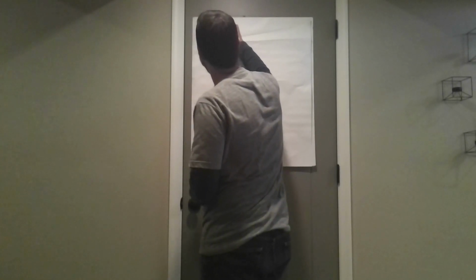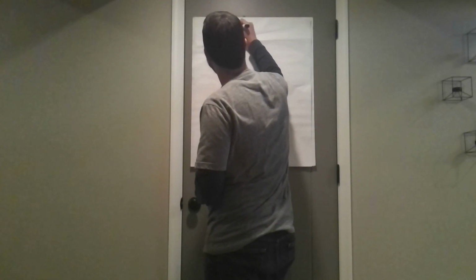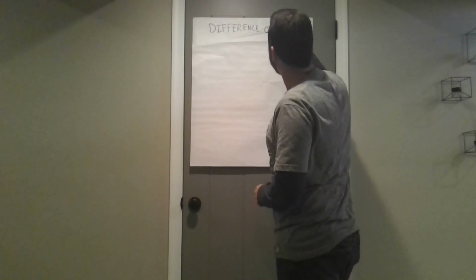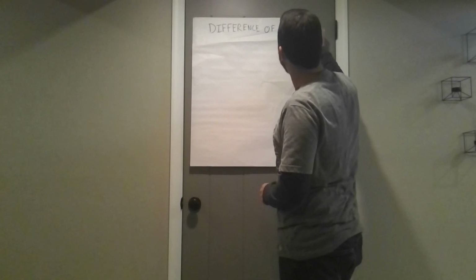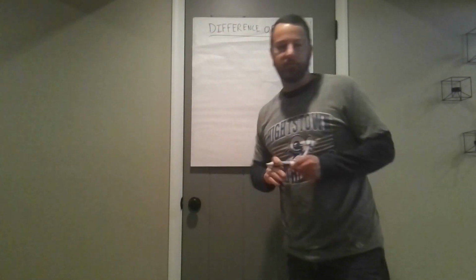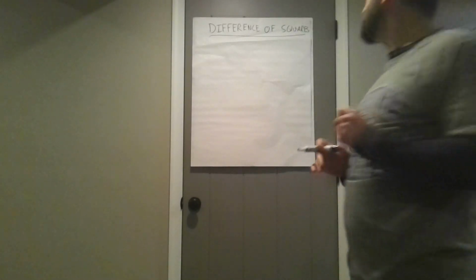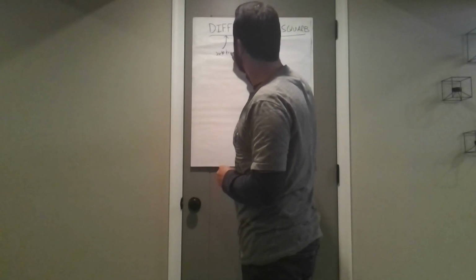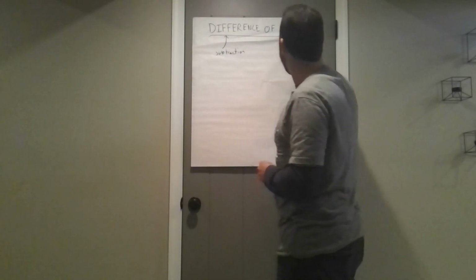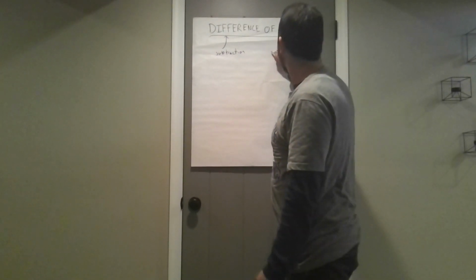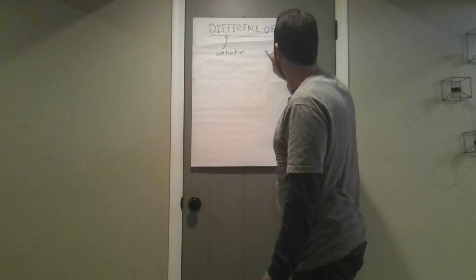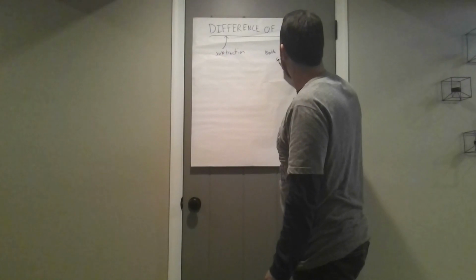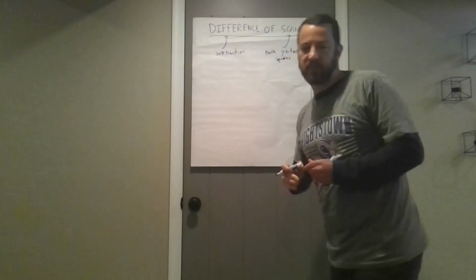And this is something called the difference of squares. And what we say, right, difference, that means it has to be subtraction. And squares is going to mean we need two perfect squares.